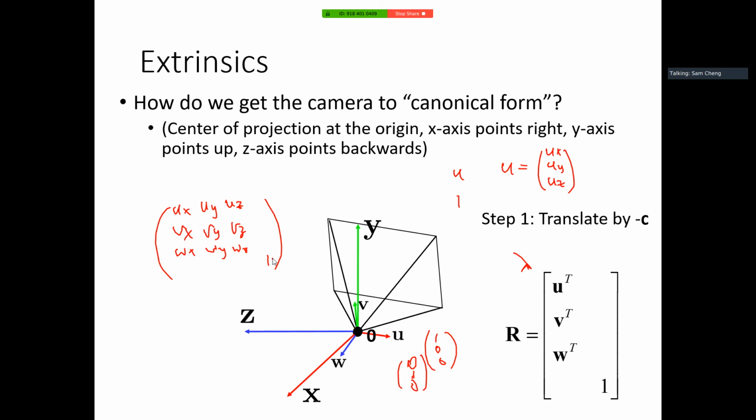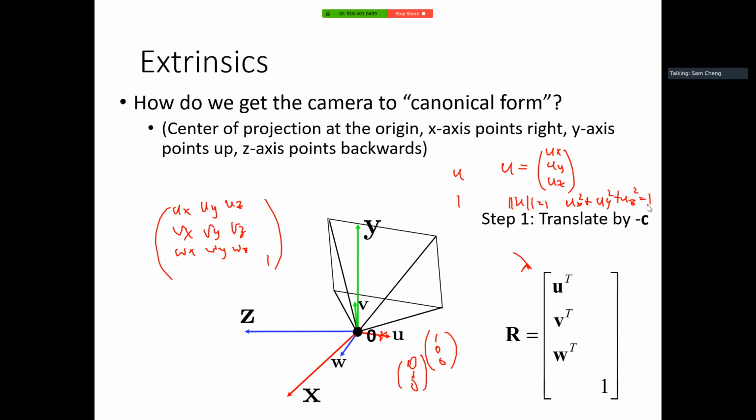Now consider I have a point here that is a unit vector away, meaning that my norm of u is equal to 1. So I have ux squared plus uy squared plus uz squared is equal to 1.